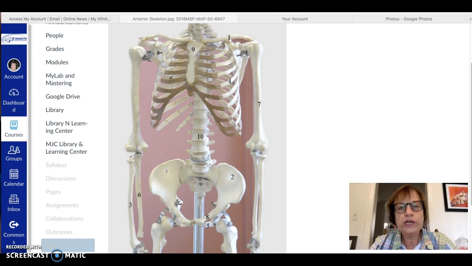You will be reading the chapter along with your chapter outline and jotting down details about the different bones of the skeleton.